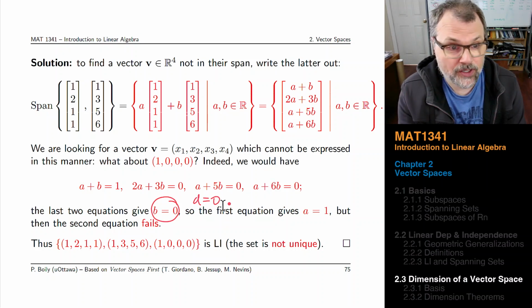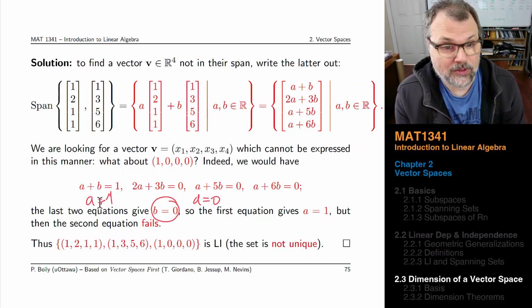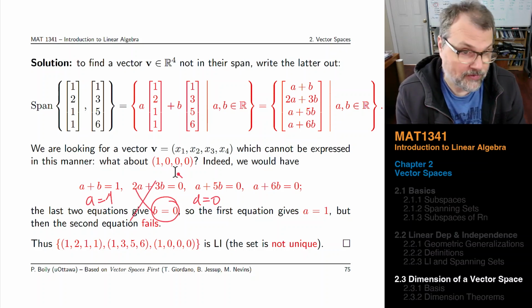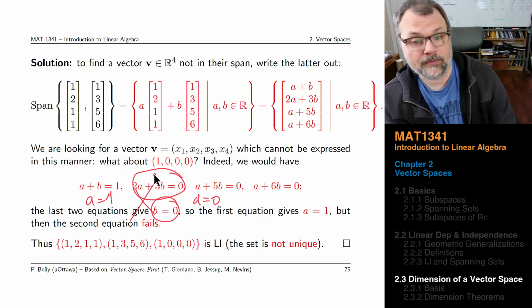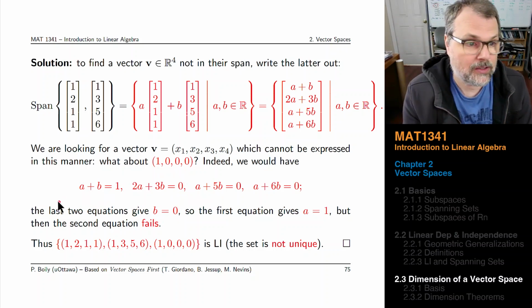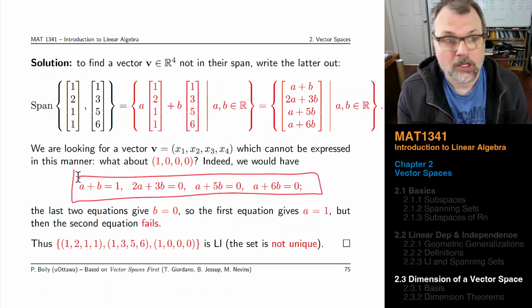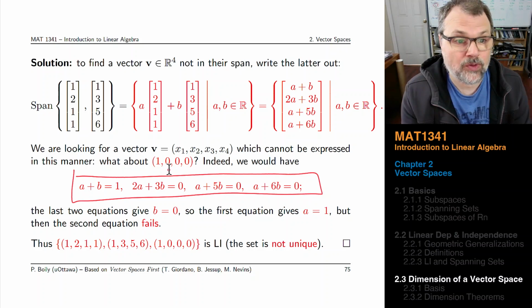But in the first equation, if b is equal to 0, you have a plus 0 equal to 1, so a is equal to 1. So you'd have to have that a is equal to 0 and that a is equal to 1 simultaneously. That's impossible. But amongst other things, the second equation will also fail. So you cannot find a solution to this system, 4 equations and 2 unknowns, meaning that you cannot write the vector (1, 0, 0, 0) as a linear combination of these two.